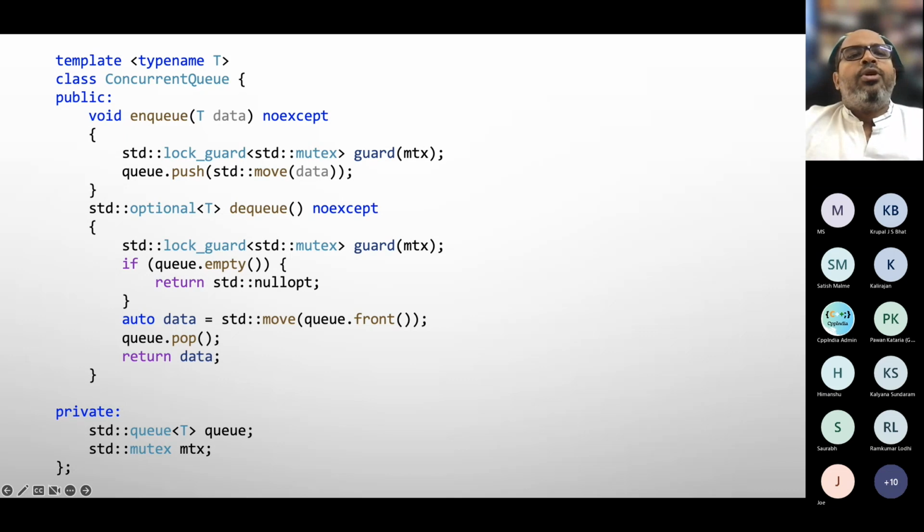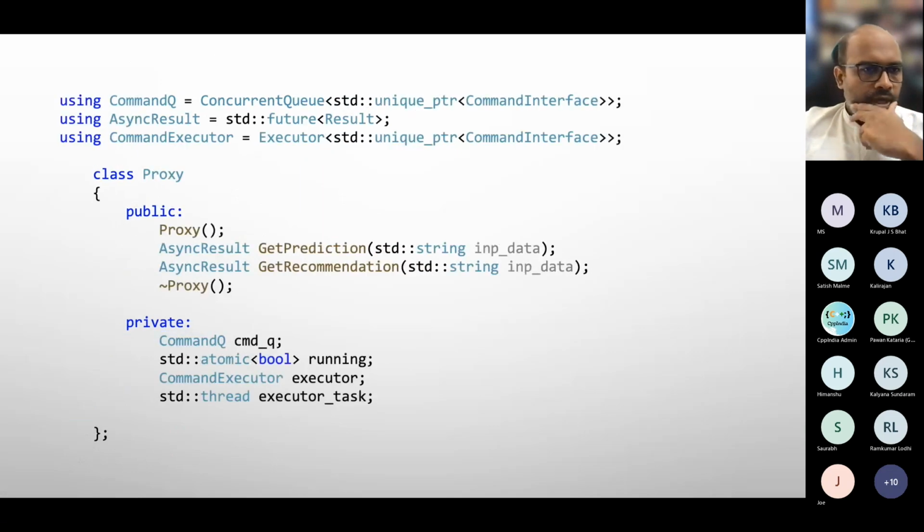It has just two operations, enqueue and dequeue. It pushes the data into the queue and reads it back. I kept it generic because I'm just extending the standard library queue here. And notice the use of RAII locks. Always use RAII locks in your code.